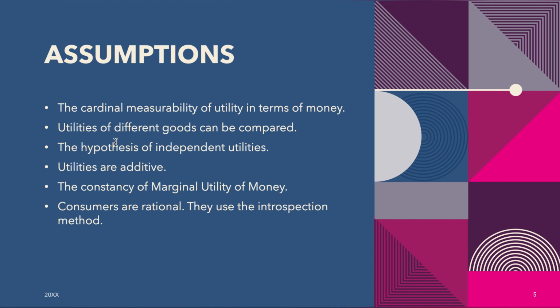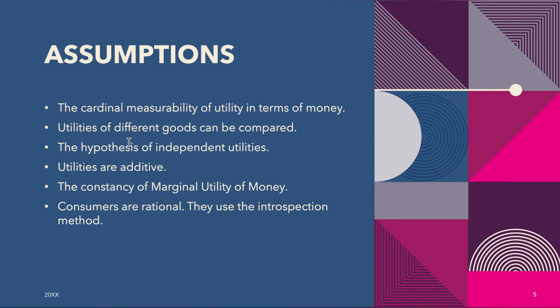Then we have utilities of different goods can be compared, as we studied in the previous law that we discussed, the law of diminishing marginal utility. There also these assumptions were holding. They are almost same for both of the laws, but we'll go through these assumptions in this theory again.